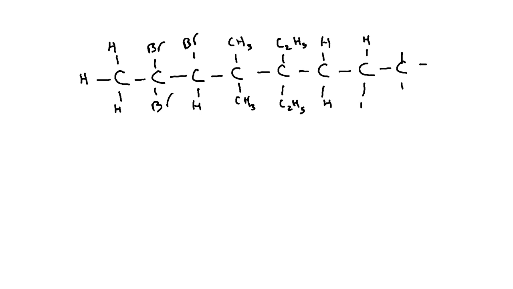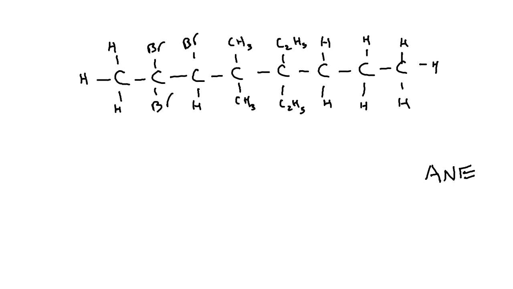All right, so let's see the name of this. First thing we see is that there's all single bonds, remember? So the ending is A-N-E. Next, we have to find the longest chain of carbons. It looks like going straight across. And again, I like to use colored chalk or colored pens or pencils to show my longest chain.